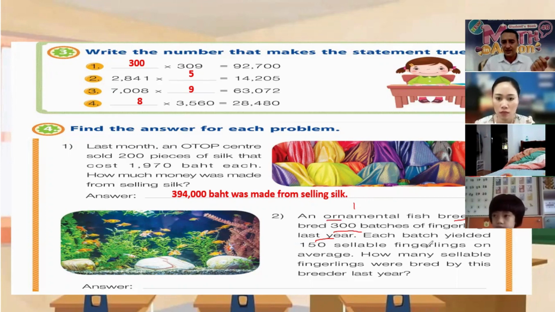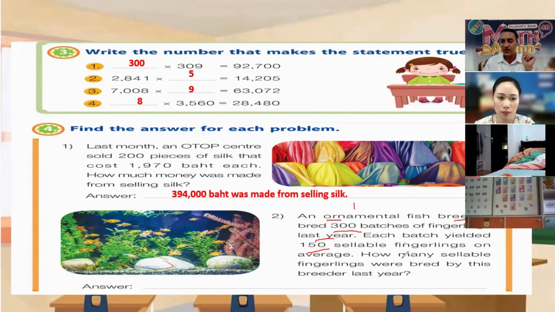The story is about an ornamental fish breeder who bred 300 batches of fingerlings last year in 1 year. Now each batch yielded 150 sellable fingerlings on average. Okay, on average how many do they sell? 150. So we have two pieces of information now.